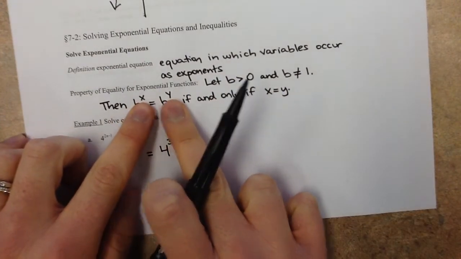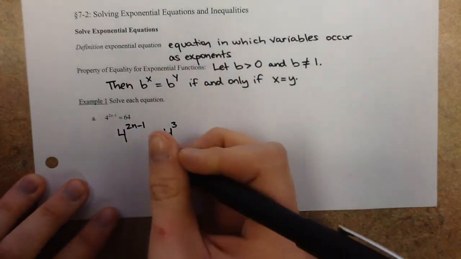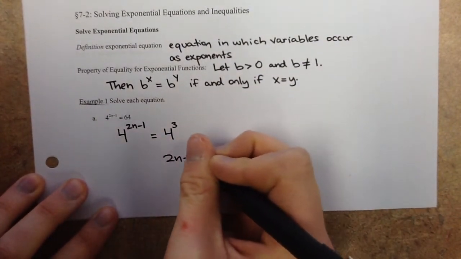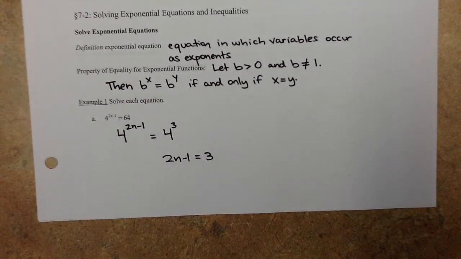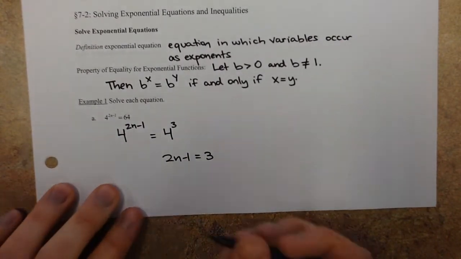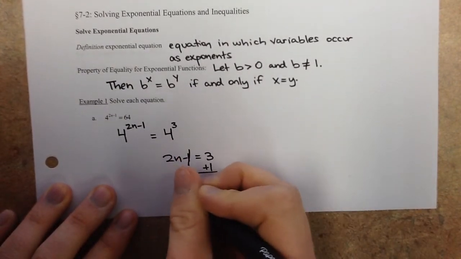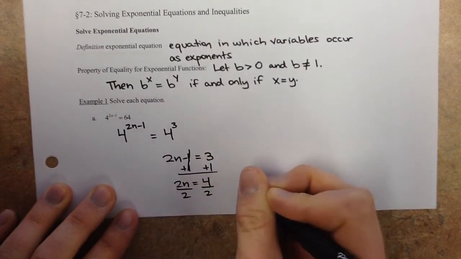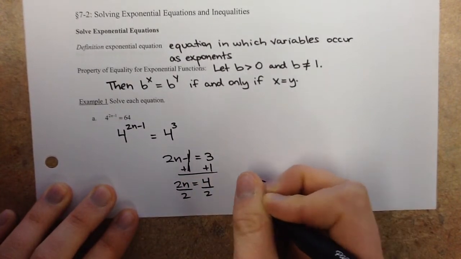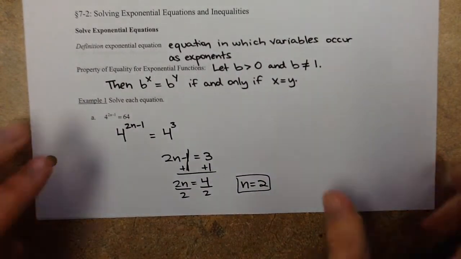So x and y are the powers, and they must be equal. So we can just say that 2n minus 1 must be equal to 3, based on that property up above, and then we just solve. Okay, so we end up with n equals 2. So that was the first one.